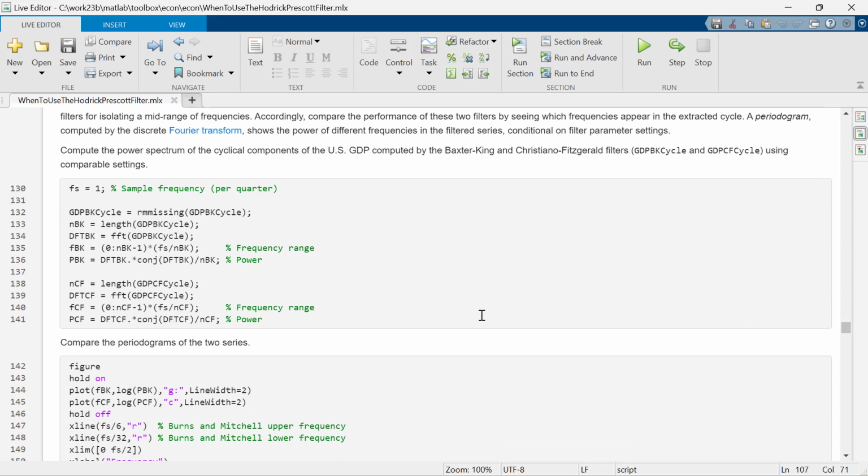And we do here a comparison of those two filters on the GDP data using a power spectrum.